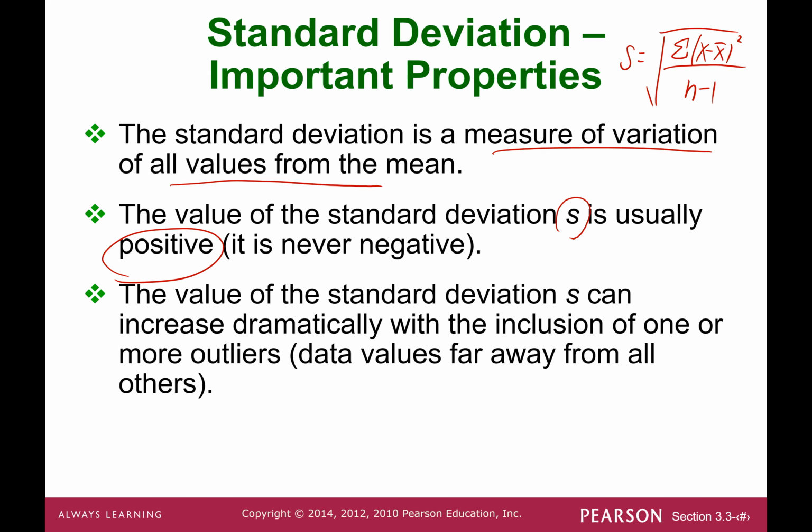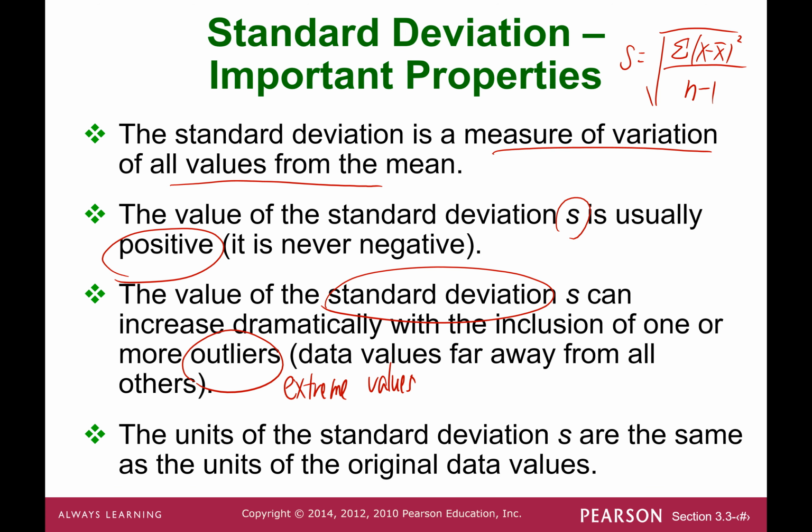The value of S can increase dramatically with outliers or extreme values. If you have more extreme values, the standard deviation will become much bigger. And the unit of the standard deviation is the same as the unit of the original data values, because it's a square root of a square.